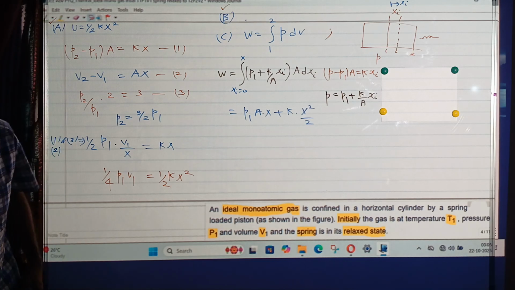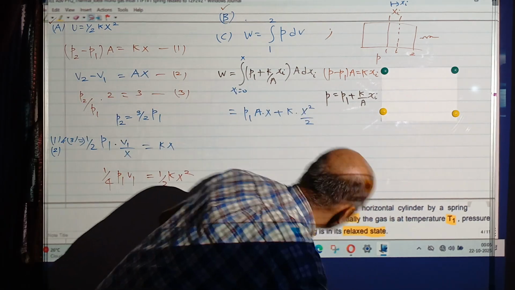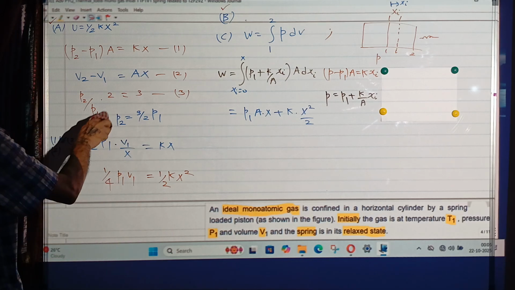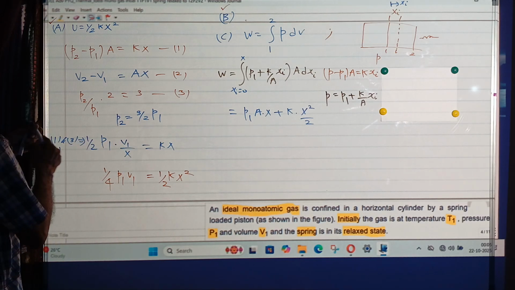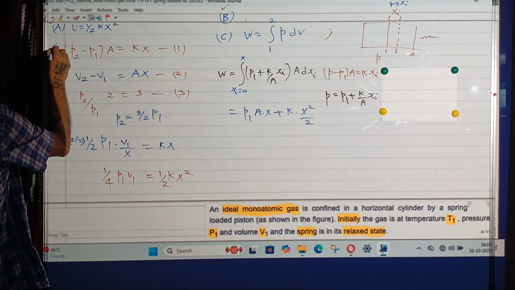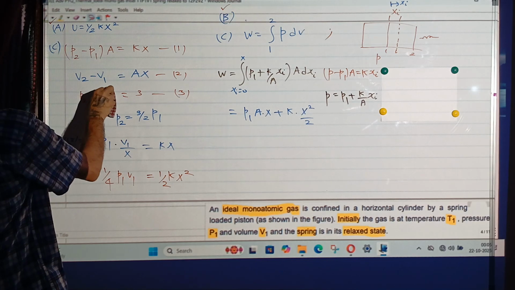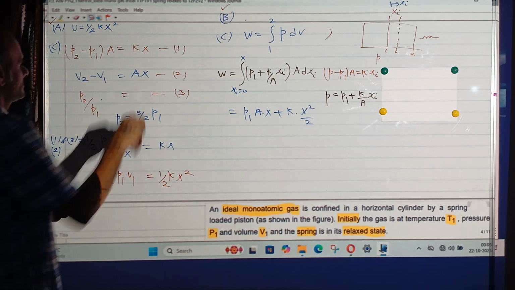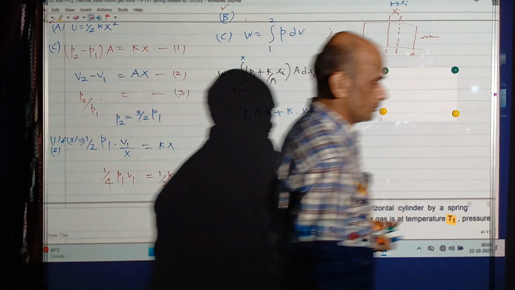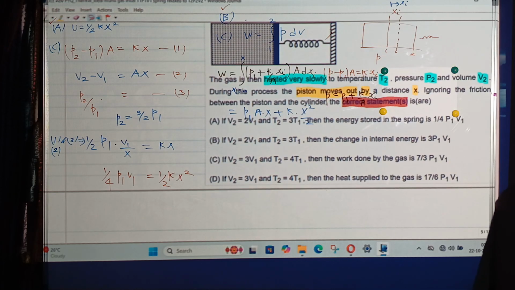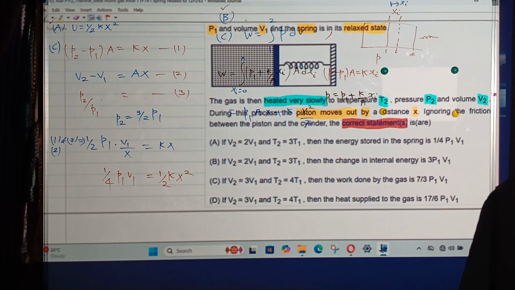So the same thing I have to write for option C, where the pressure ratio, volume ratio, and temperature ratio are changing. Option C, the volume is increased thrice, temperature 4 times.